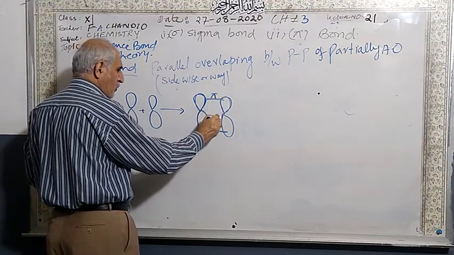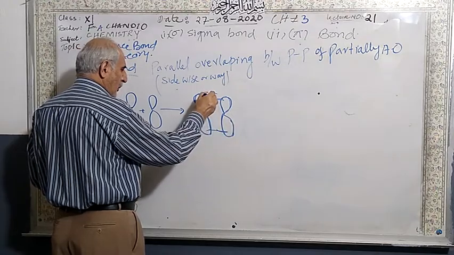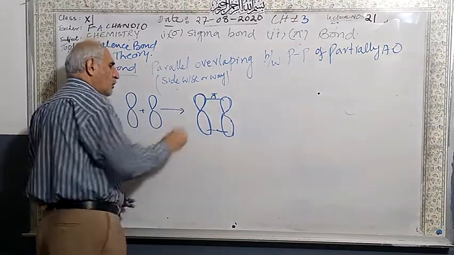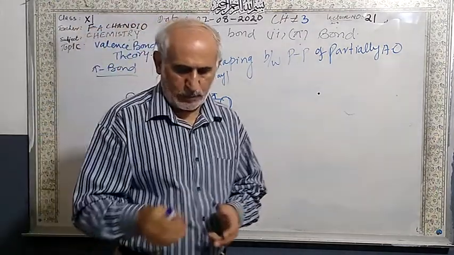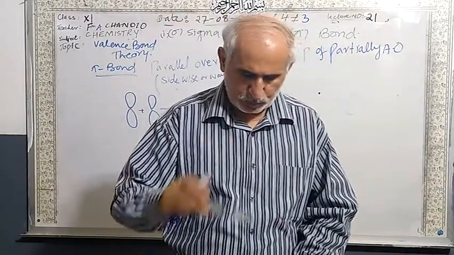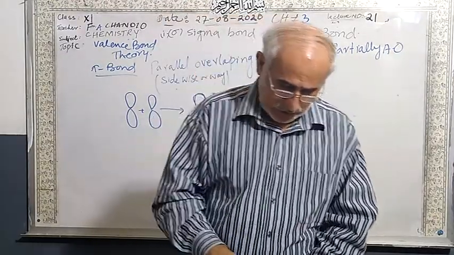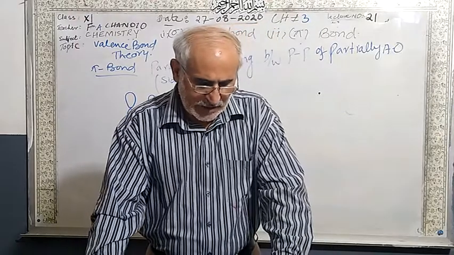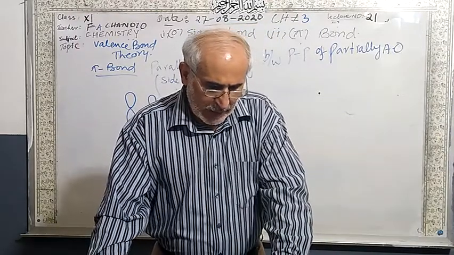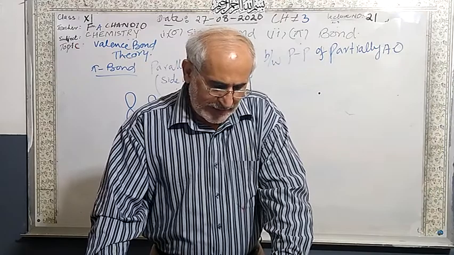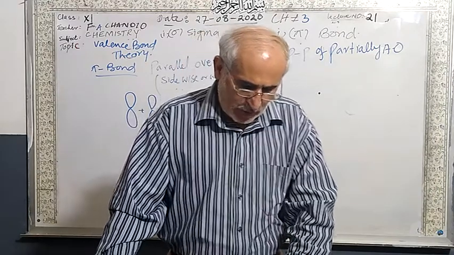This is a P orbital. They overlap above and below to form a pi bond. This is a parallel overlapping, if you see your book. It has two regions of charge density above and below. I told you, the probability of finding the electron is a maximum in the region above and below.